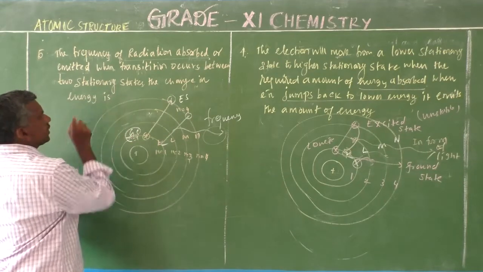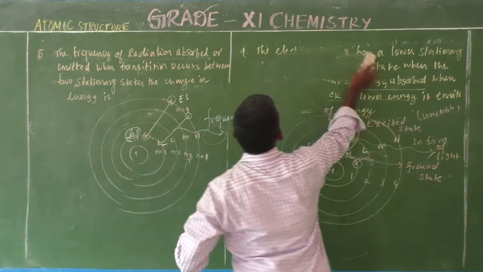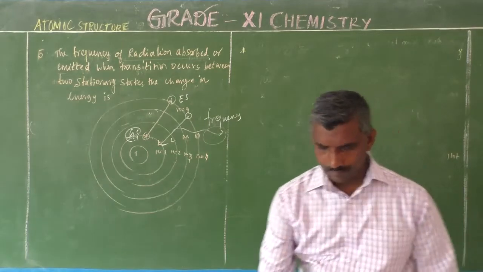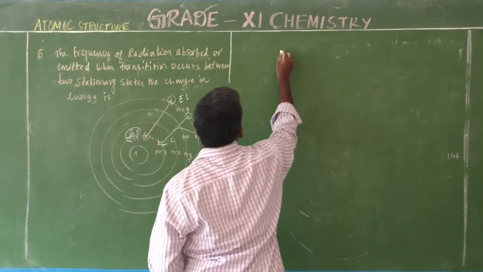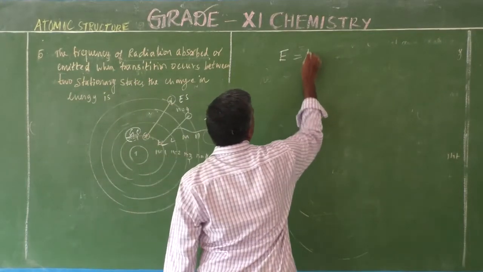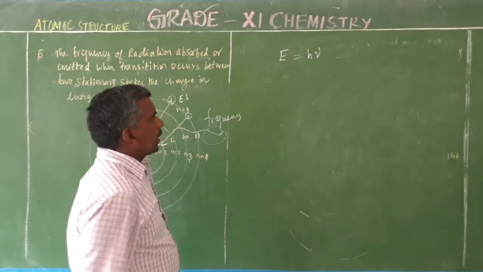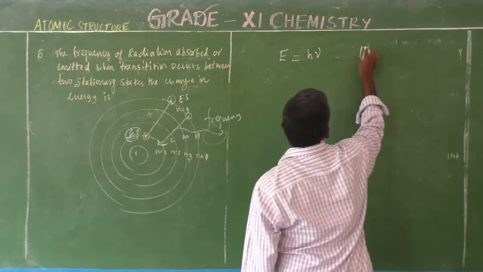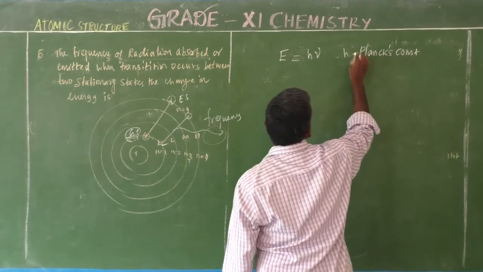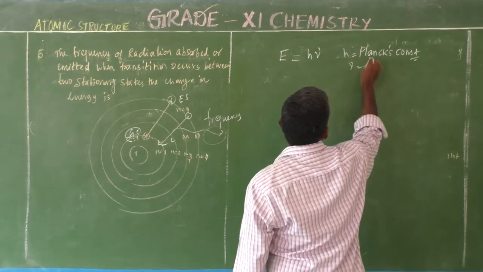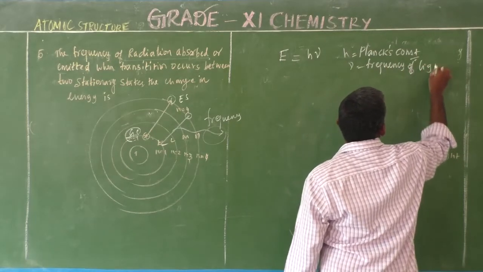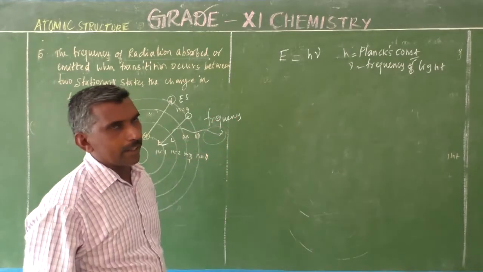The change in energy formula: E is equal to h nu. h is the Planck constant, nu is the frequency of light or electromagnetic waves.